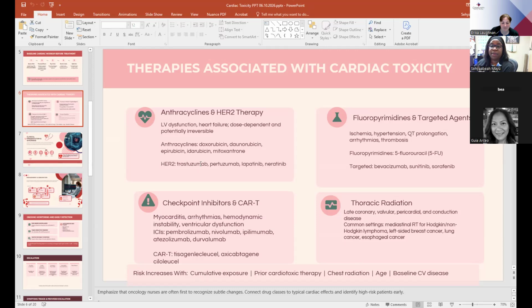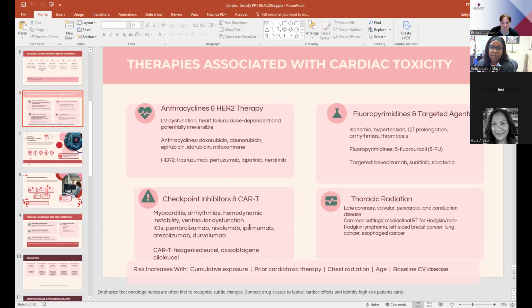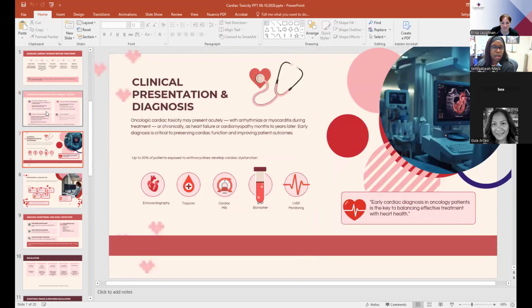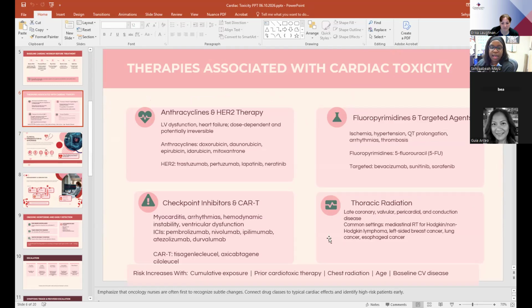I'm not saying it right, but some of the MABs and the NIB medications here, CAR T medications and checkpoint inhibitors that are associated with cardiac toxicity. We're looking at these because they cause myocarditis, arrhythmias, and these ICIs are some more of the MABs and CAR T medications. I can't say any of these words, but they're here also.